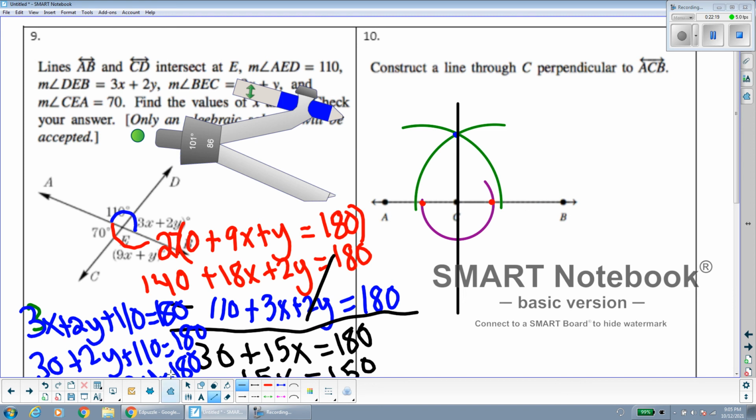In theory, it should be perpendicular to line ACB and it should pass right through point C. If yours almost passes through point C, but doesn't exactly pass through point C, you got full credit. That's good enough. We try to be as precise as possible. You shouldn't be extremely far off. You should be pretty close to passing through point C exactly. Okay, so here we have it. We have our line that's perpendicular to the line that we started with.